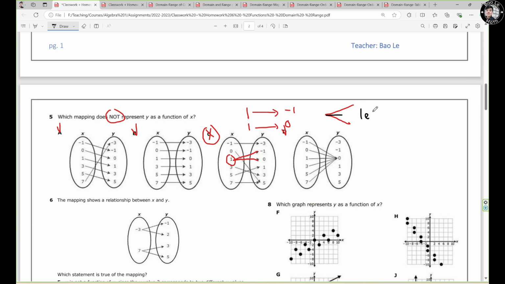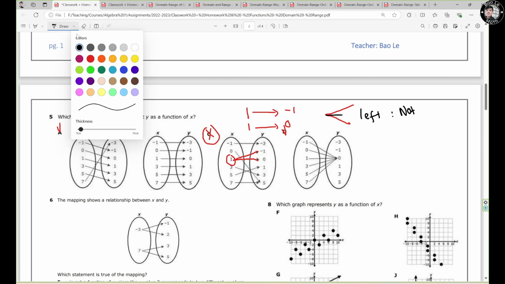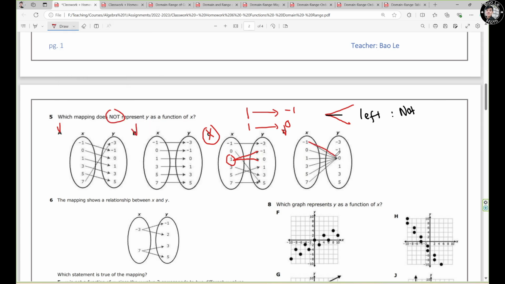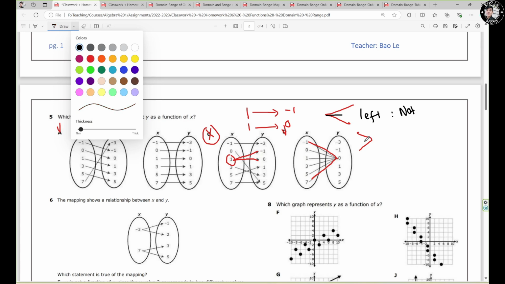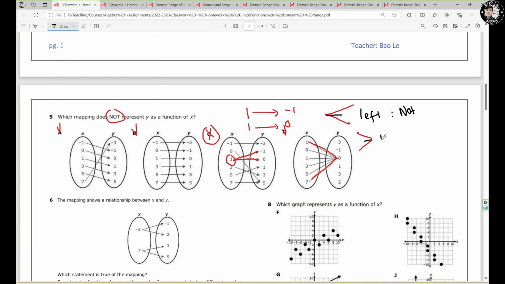So this is not a function. If you see the arrow pointing to the right, look at this one right here, which means greater than, like this. So this is right. This is yes.